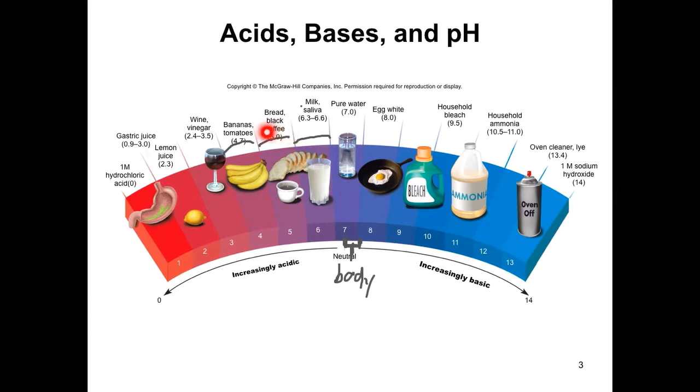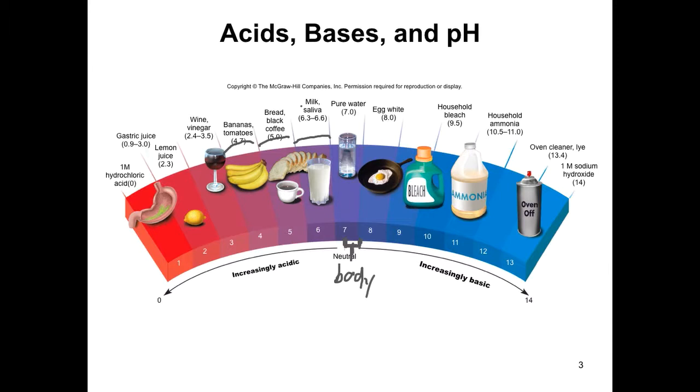So each step here is 10 times bigger than the steps before that, and the same thing happens going the other direction. Egg whites will have some hydroxide ions. Generally speaking, the fewer hydrogen ions you have, the more hydroxide ions you have, at least if what you're talking about is in water, which bodies are. Let's say that household bleach was at 9.